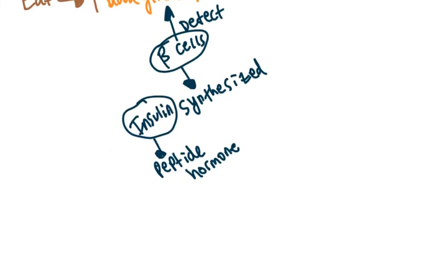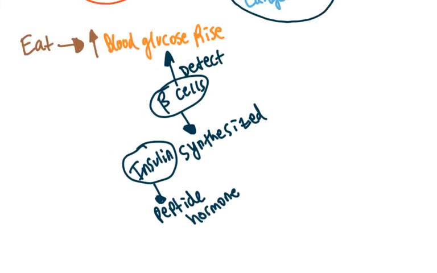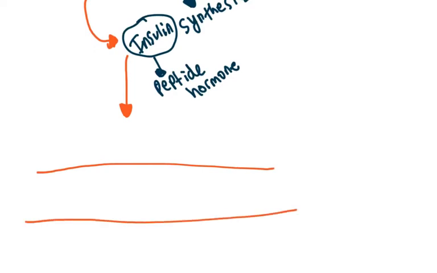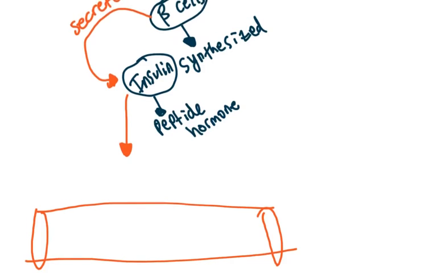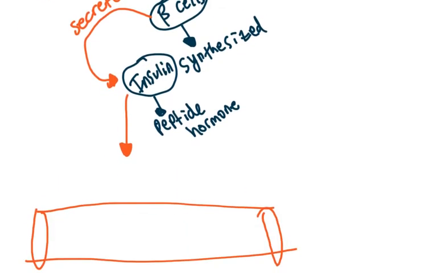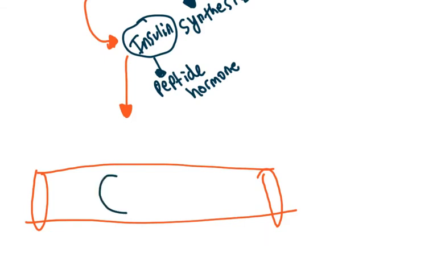After detecting the high blood glucose, our beta cells secrete insulin into where? Into our blood, into our bloodstream. And then insulin can exert its effects on the liver, the fat cells, and the muscle cells. So now let's draw insulin here as a result.